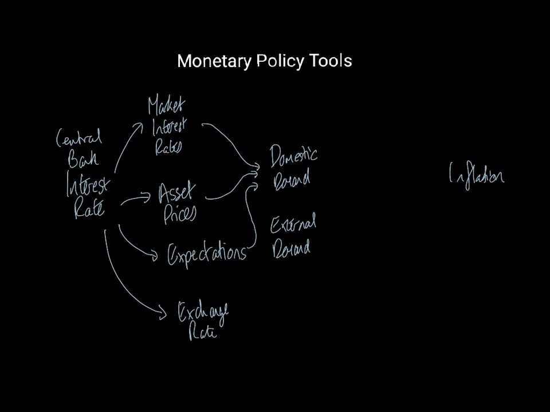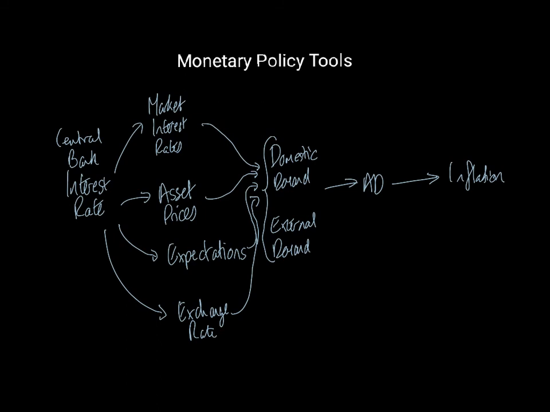So all of these will feed through into these different elements of demand, but importantly, these are the aggregate demand components. So this will impact on the level of aggregate demand, and as we know, the level of aggregate demand will influence inflation through demand pull inflation.